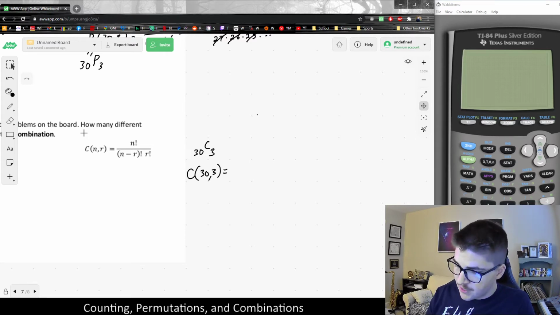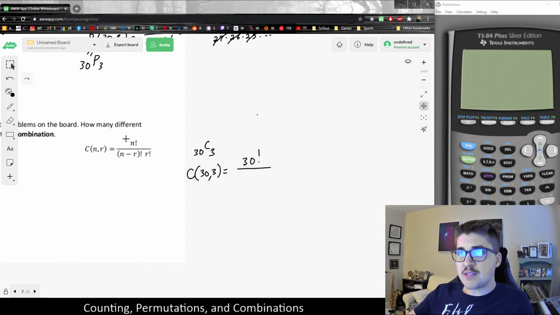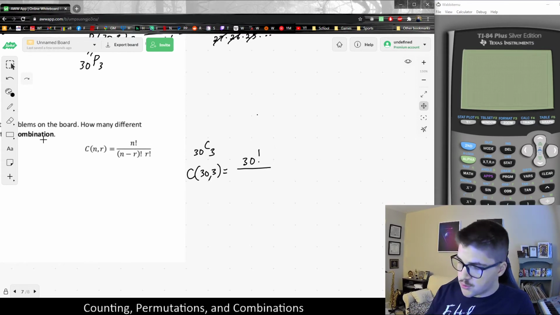We're going to have n factorial on top, which is the first number, 30 factorial, divided by n minus r factorial. Notice that this component is exactly the same as the formula for the permutation, which would leave us with 27 factorial, because n minus r is just the difference between those 2 numbers. And then notice there's one new thing in this formula. It's also divided by r factorial, which is the second number, 3 factorial.